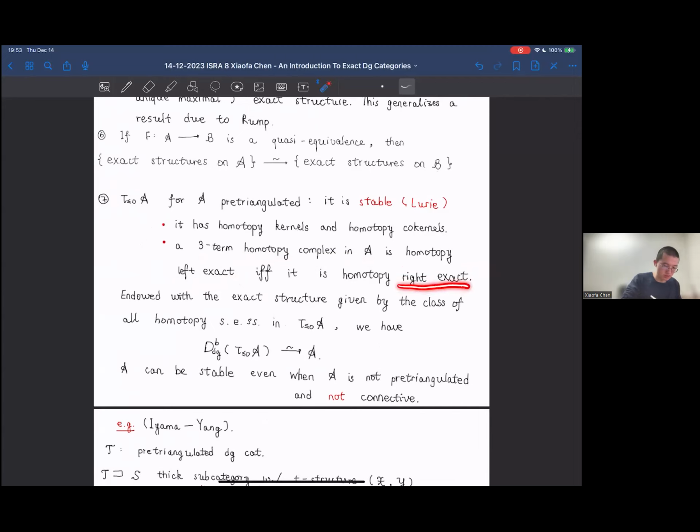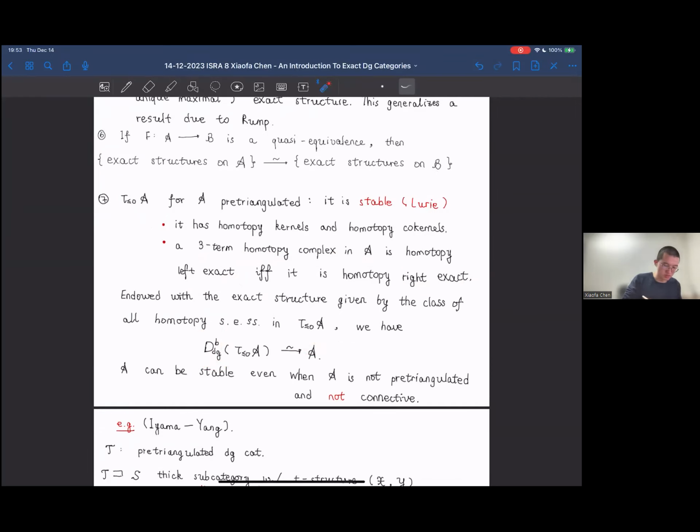Then endowed with the exact structure given by all homotopy short exact sequences in this truncation, we recover the pre-triangulated DG category A by its bounded DG derived category.